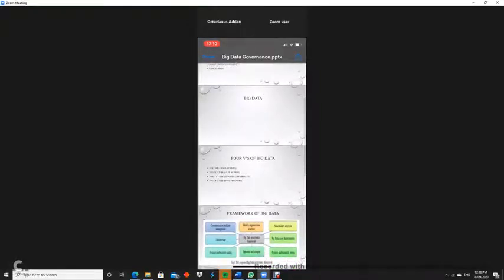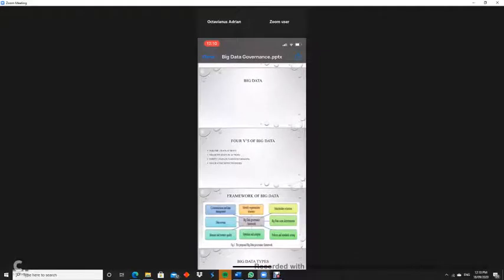Starting with big data. Big data includes volumes of data and has a different variety of data as well. Using those two, companies use it for decision making and for forecasting any further decisions in the future.